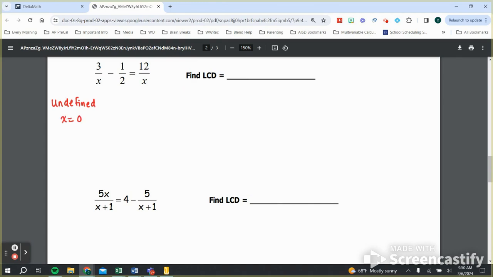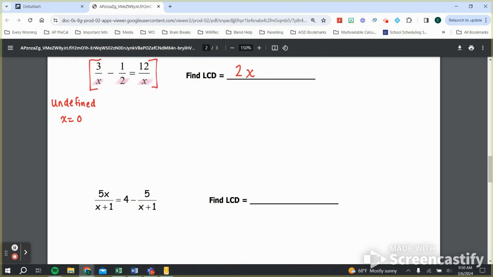So to find the LCD, just like we did with our addition and subtraction, because we have variables in the denominator, we're going to go from left to right. So the first factor is x. I'm going to write that down for my LCD. And then we have a 2, so that's another factor of my LCD. And then we have an x again, which I already have written down. So my LCD is 2x.